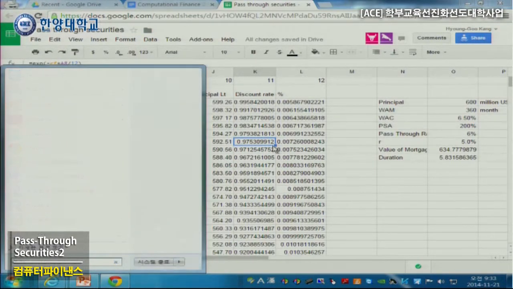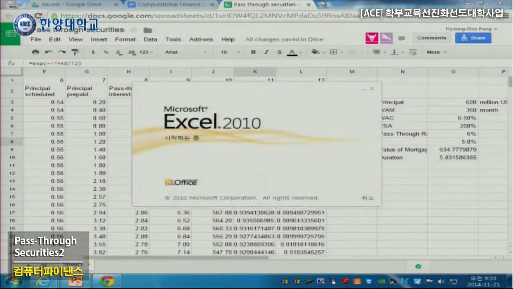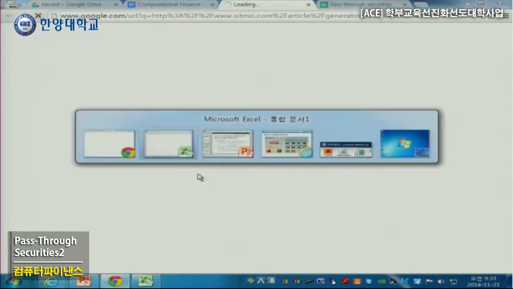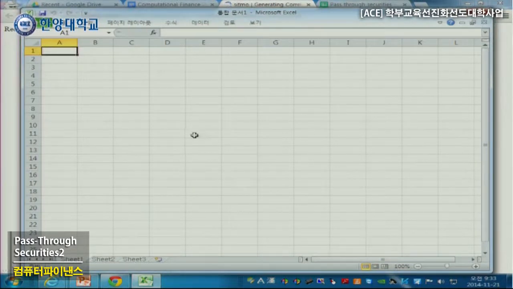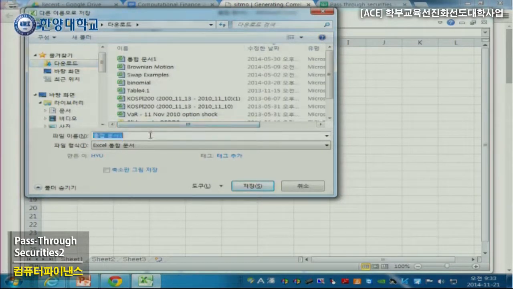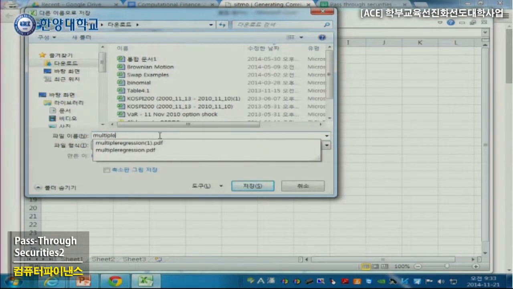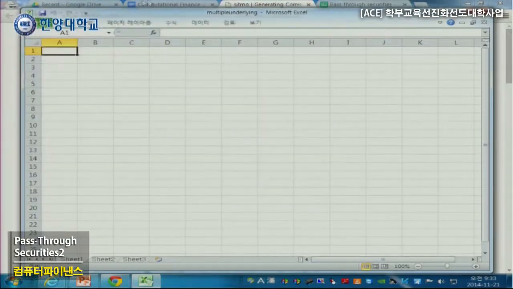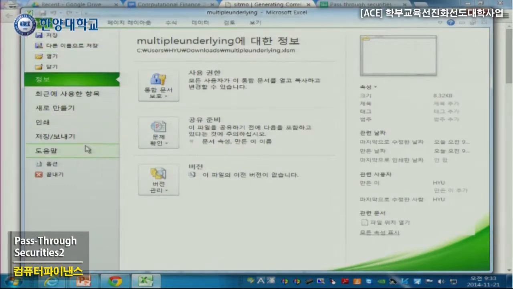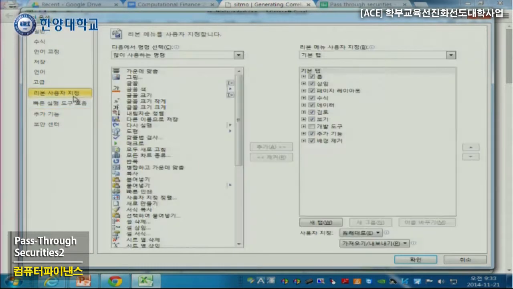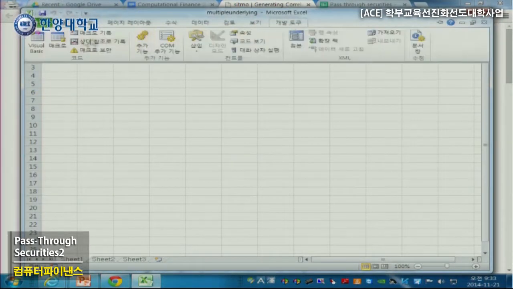So again, we have to use Excel file. Let's say multiple underlying asset, and then Visual Basic.